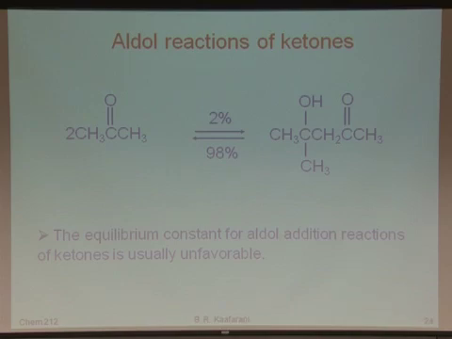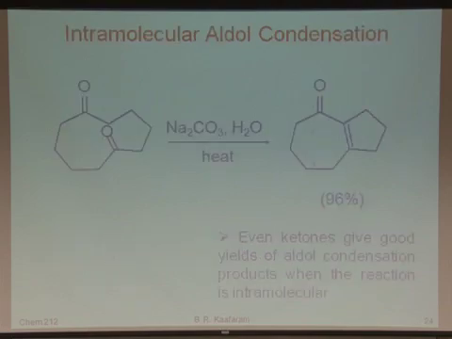However, if you take this diketone and you are adding sodium carbonate and water and you're heating up, you are going to get an aldol condensation product. It is an intramolecular condensation, and you are forming a 5-member ring.